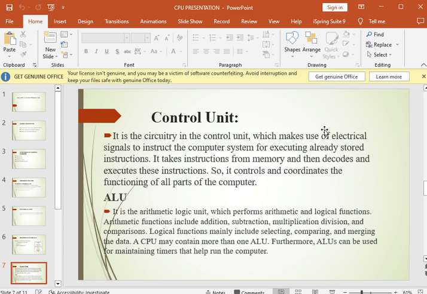It takes instruction from memory and then the codes and executes this instruction. So it controls the coordinates and the functioning of all parts of the computer.